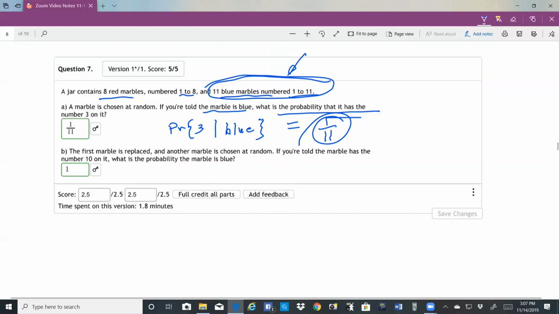Now the next one, the first marble is replaced and another marble is chosen at random. If you're told a marble has the number 10 on it, what's the probability that the marble is blue? Well, notice that the first set of marbles are 1 through 8, which won't have a 10.